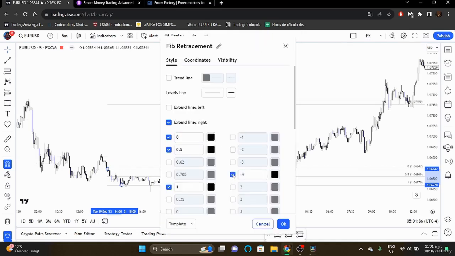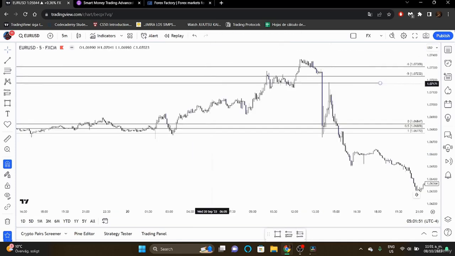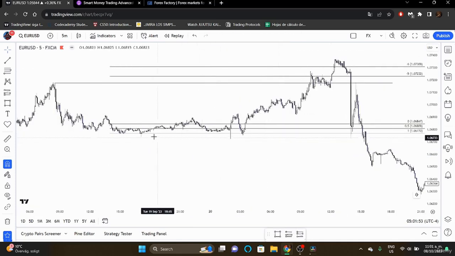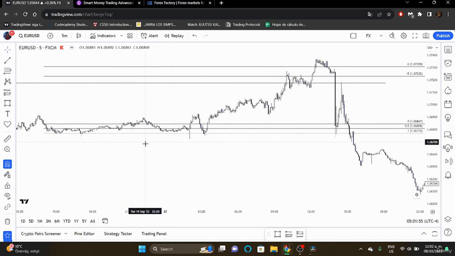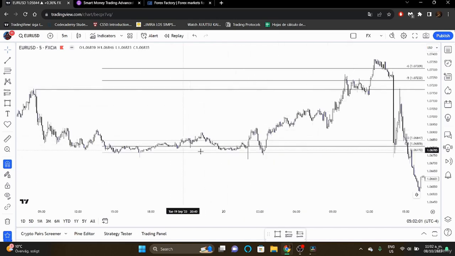Then we're going to project standard deviations, which would be this. We're going to project standard deviation, and we see where the high is likely to project at 6 standard deviations.